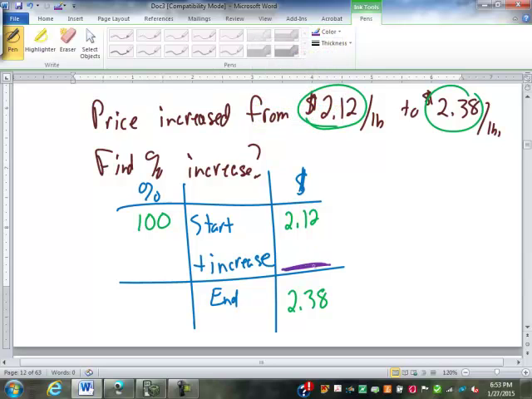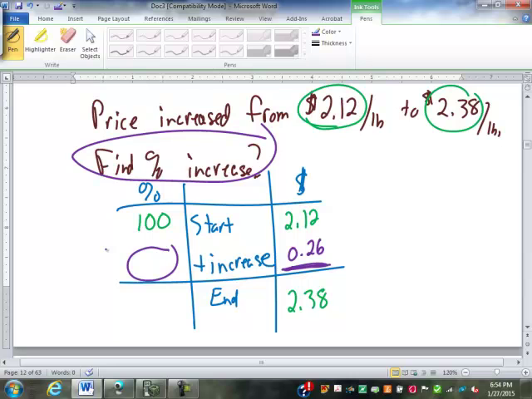Mainly this right here. How can I find that number? Perfect. We subtract 2.38 minus 2.12, which is 0.26. That is the dollar amount of the increase. What we're looking for is the percent of the increase, which is this number right here. So now in this table, there are two lines that we need.